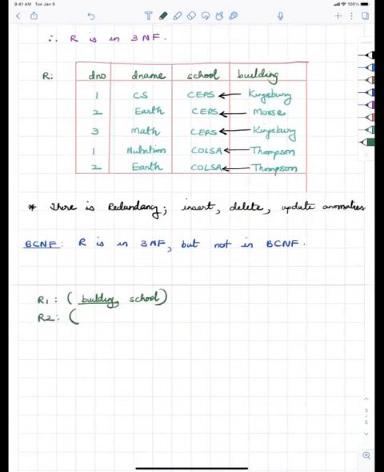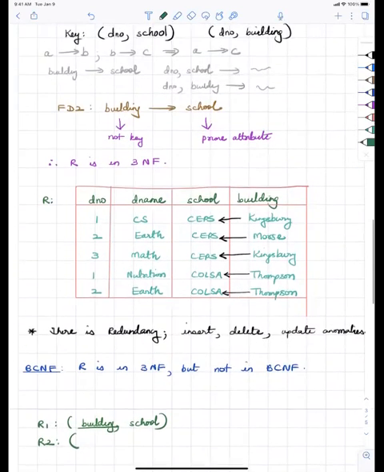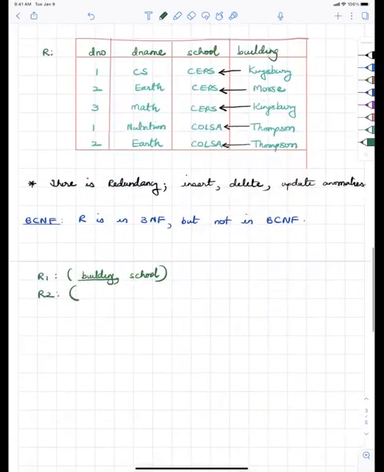And then you have R2, which is building determines school, and then you have D number and building that determines D name.